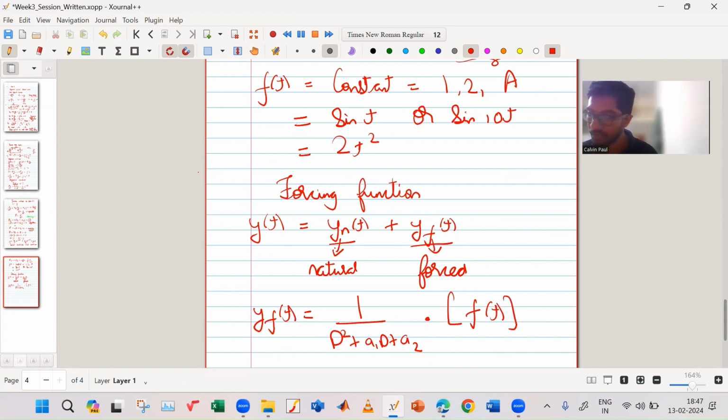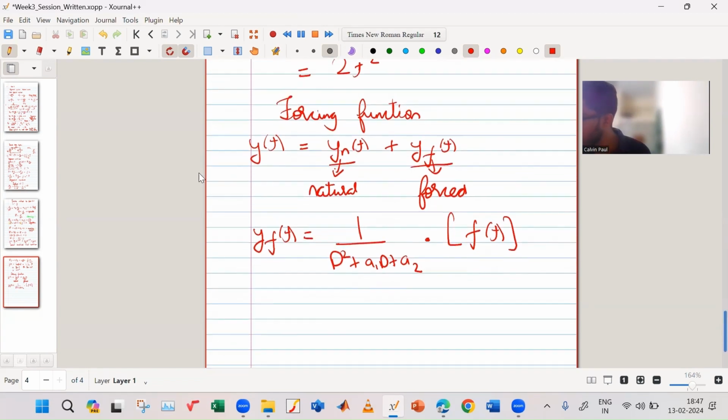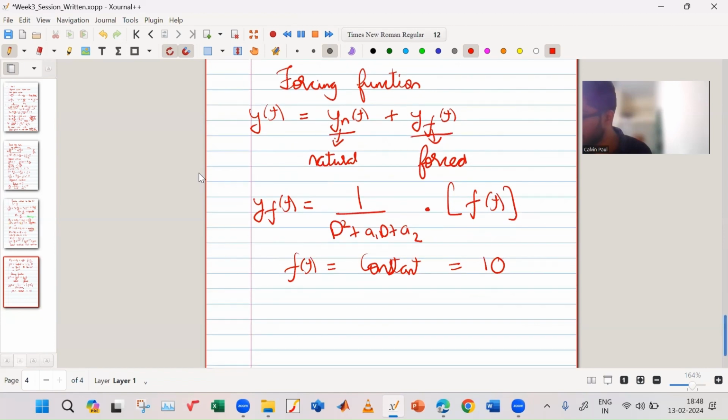I will demonstrate with two examples. Consider my function of t is just a constant with a value of 10. Simple, right?